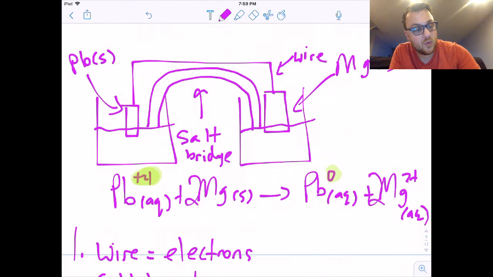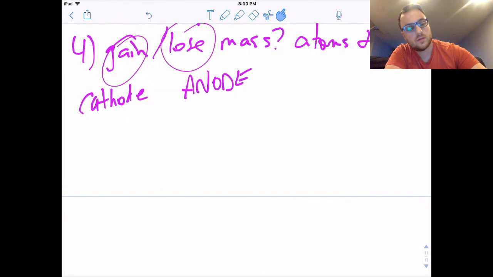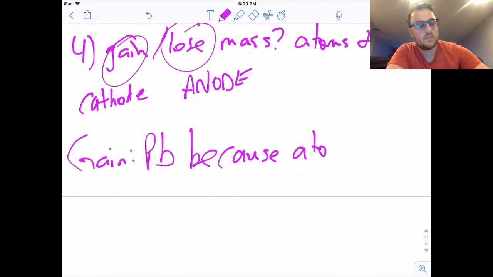Mg changed from an atom to an ion. So who gained? Well, the gain, Pb, because it changed from an ion into an atom. And who lost? Well, Mg, because that went from an atom to an ion.